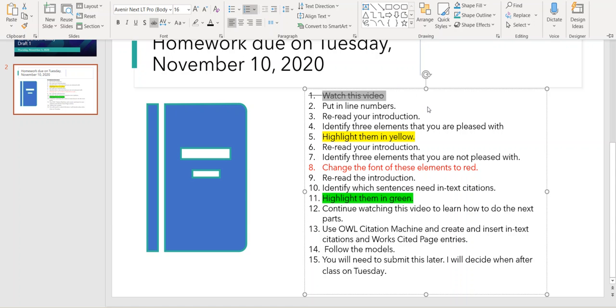And this is something that you guys should do as well as you're doing this assignment. Okay, you can print it out, however that you want to do this, but make sure that you do each thing.